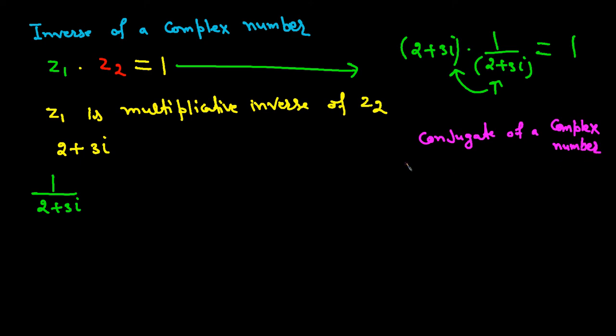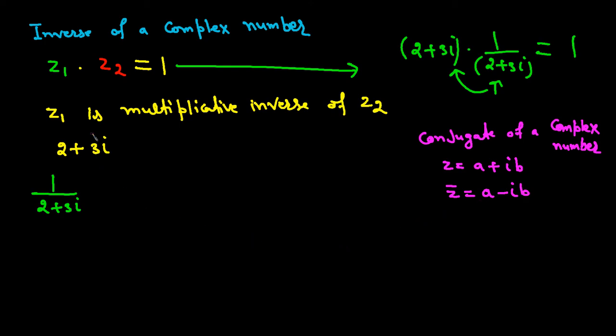Let's say you've got a complex number z equal to a plus ib. Then the conjugate of z, denoted as z bar, is equal to a minus ib. So change this sign to minus.